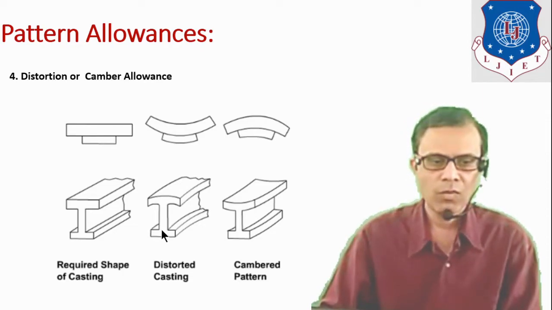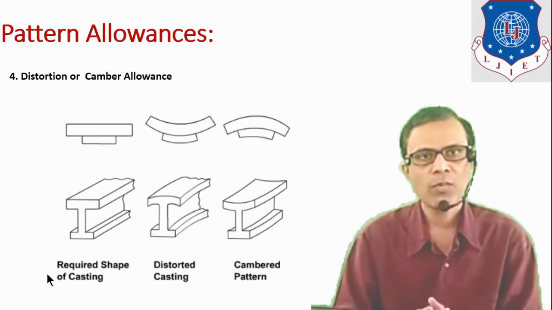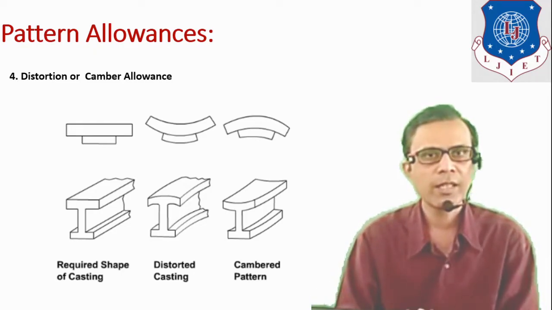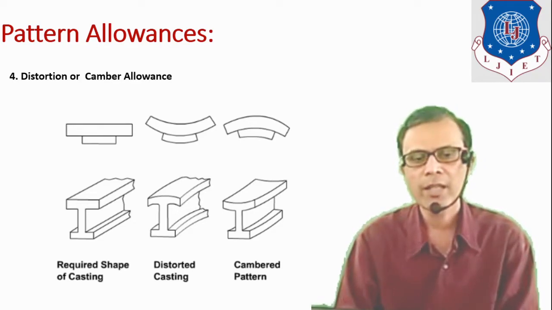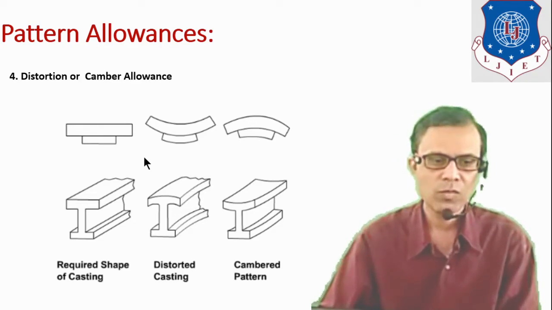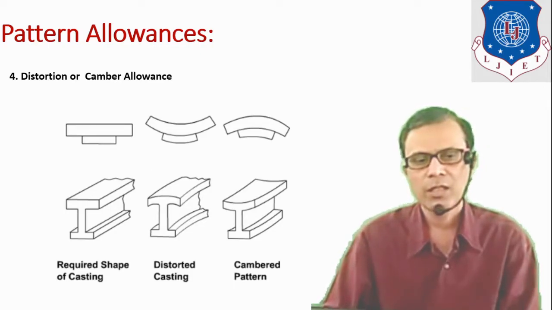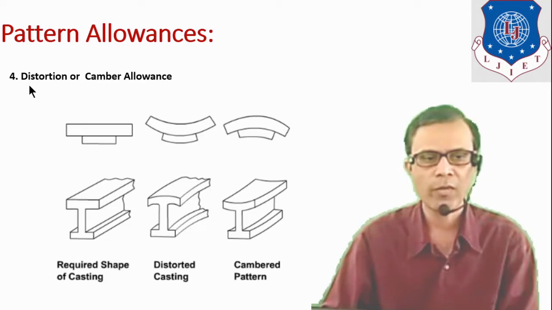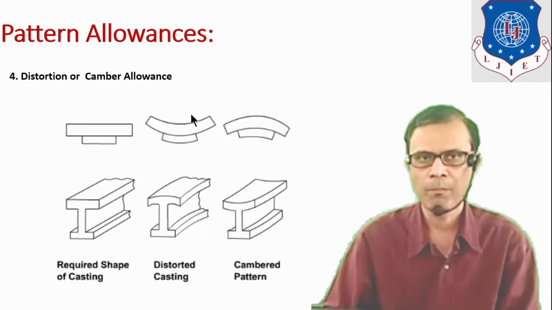Now what happens is, if a casting is of thin section, then there is a chance to get distorted after the solidification. So to compensate that distortion or cambered portion, it is always allowed to provide some distortion or camber allowance on the pattern material.